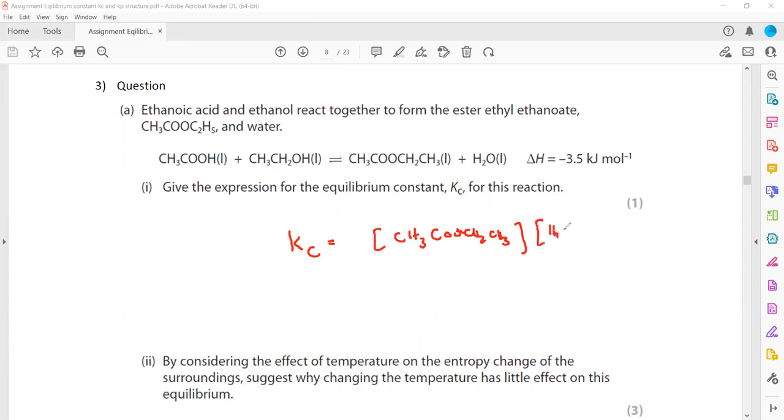And this is a homogeneous equilibrium, so all are in the same state, so we will include all of them, divided by the concentration of the reactants, CH3COOH and CH3CH2OH. So Kc will be the product divided by the reactant.